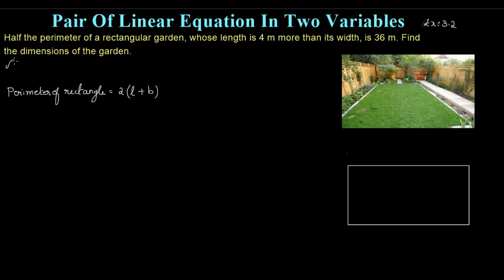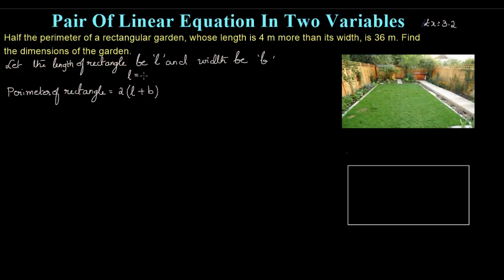So let the length of rectangle be L and width be B. So length we have taken as L and width we have taken as B. So if this is the case, then length is equal to how much? 4 more than its width.